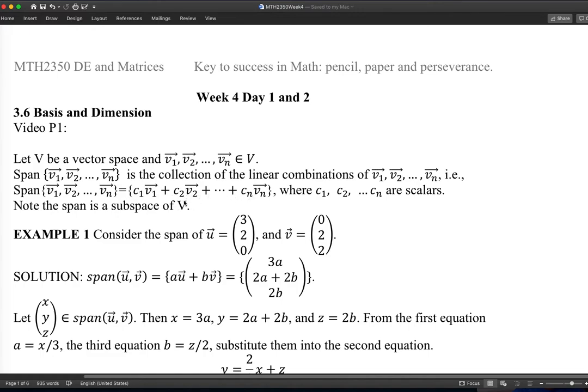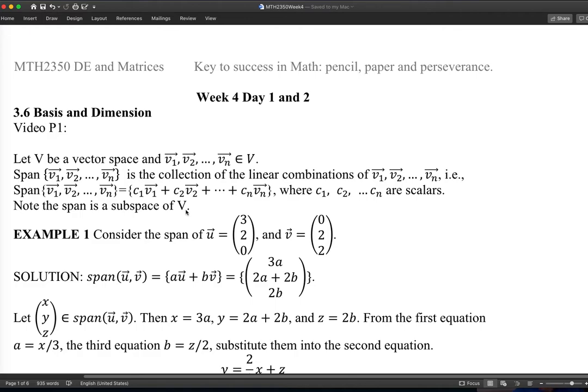The collection of all linear combinations is called the span of those vectors. One thing you may want to know is that the span is closed. Working under the assumption of a vector space, the span is indeed a subspace of the big vector space.